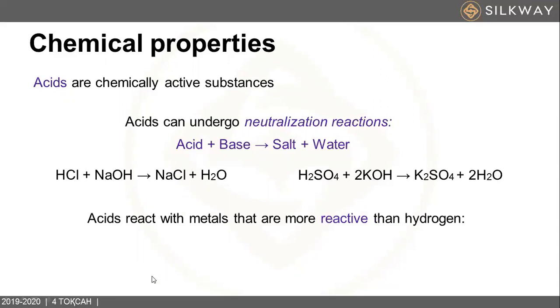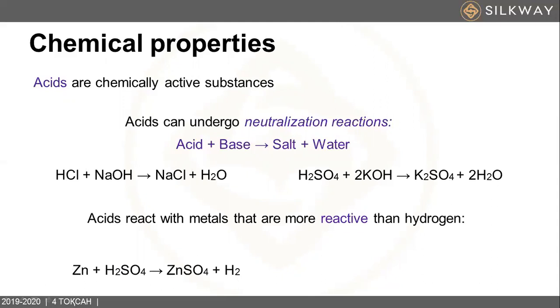Acids react with metals that are more reactive than hydrogen. For example, zinc is more reactive than hydrogen, and zinc replaces hydrogen. And when zinc reacts with sulfuric acid, it produces zinc sulfate plus hydrogen gas.